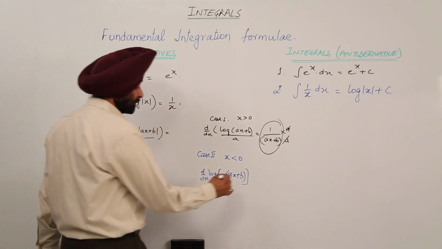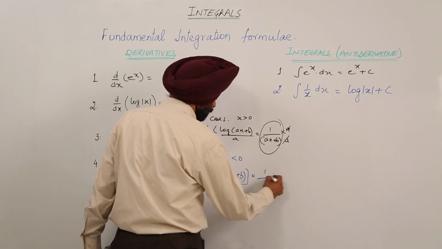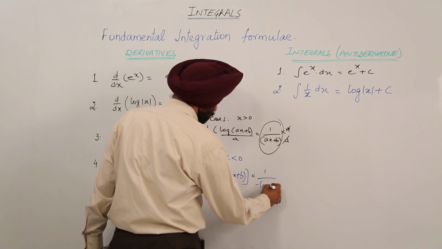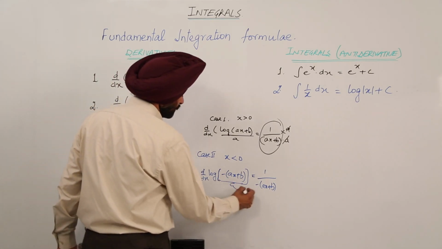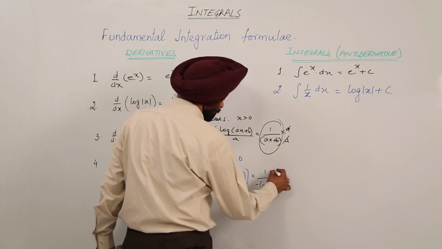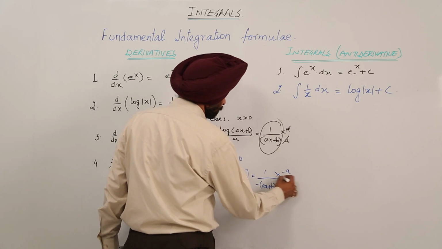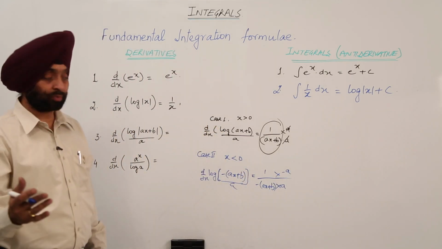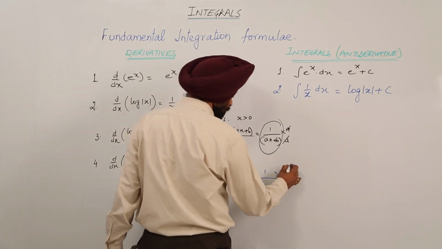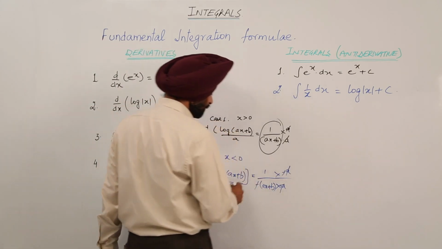So what is the result now? 1 upon minus ax plus b, already a is also here, so a into minus a, d by dx of negative of ax plus b, that is negative of a. So a and a cancel, negative and negative cancel.